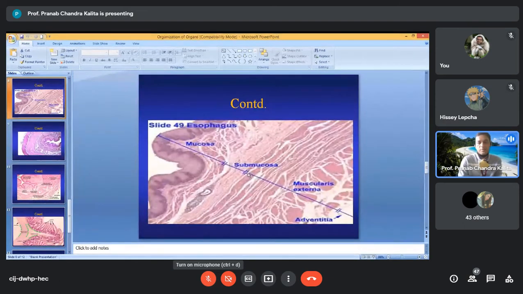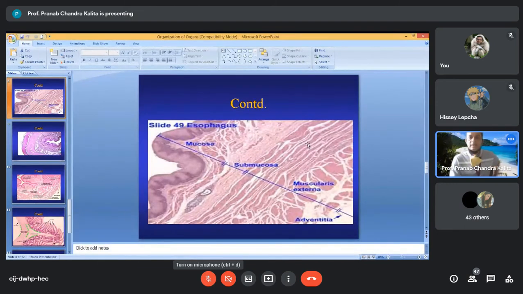Next to the submucosa, you can see a very big muscularis externa, also called tunica muscularis. From here to here, tunica muscularis.